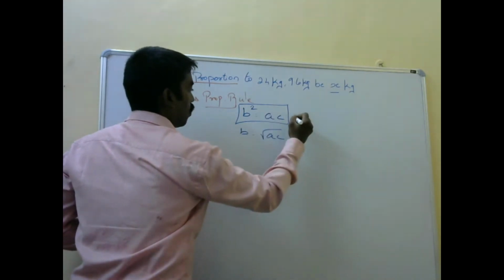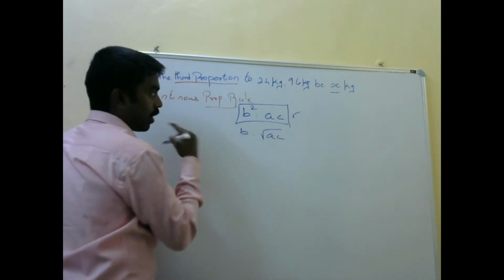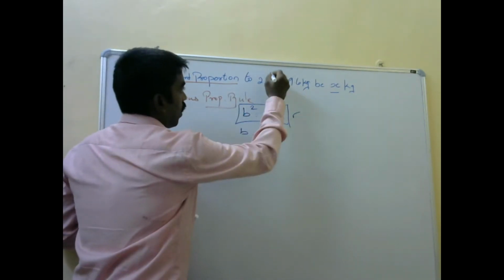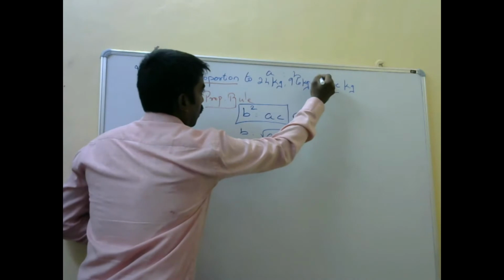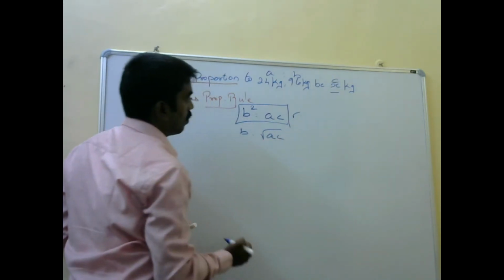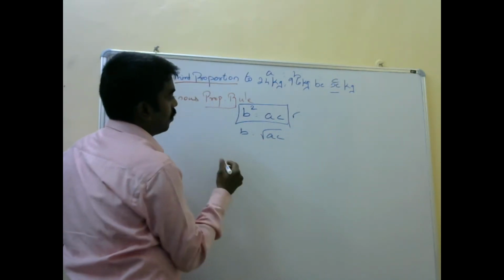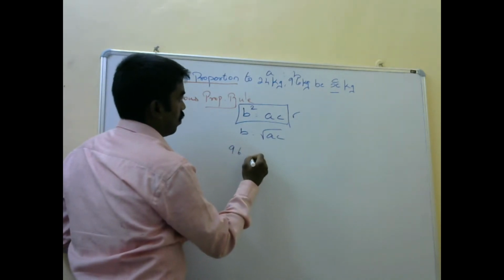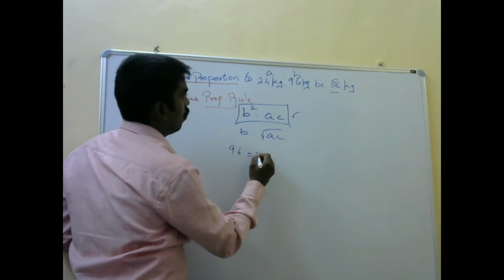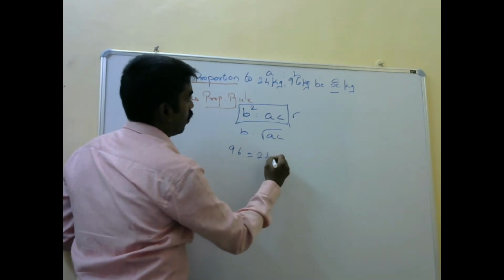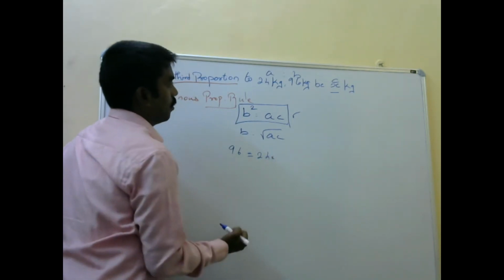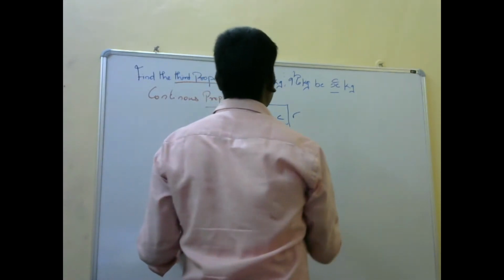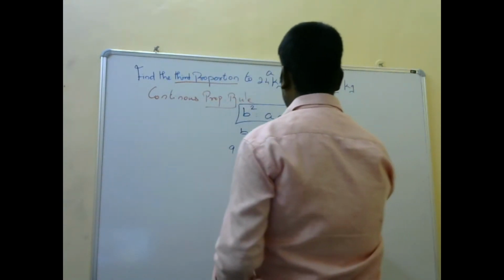In this case, we are going to use B squared equal to AC. So this is A, B, and C. A is 2.4, B is 9.6, and C is x.